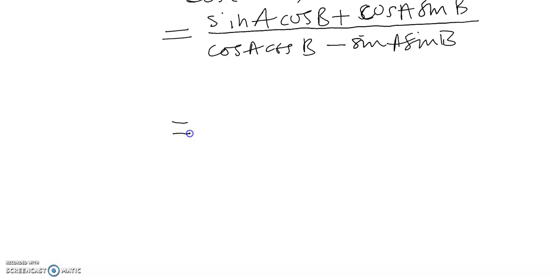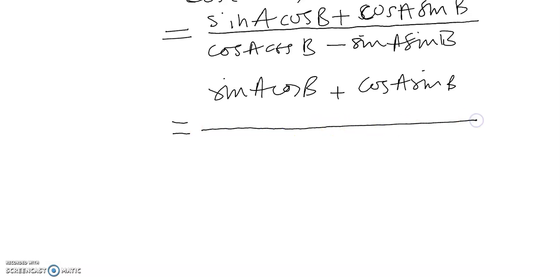So let me set this up now. Big equal sign, and I'll put my sine A cos B plus cos A sin B, and my division line will come down this way. And then let's do cos A cos B minus sin A sin B. So with this, let's choose a different color.